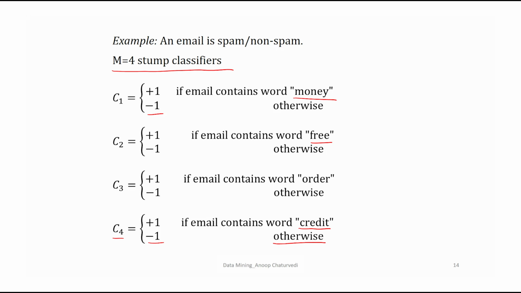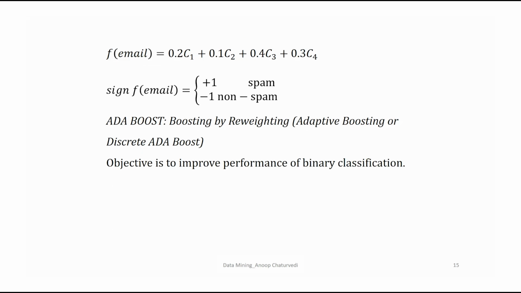Now, these are 4 weak classifiers, and basically our objective is to combine all these weak classifiers so that you get a better, improved classifier. Then we define F(email) equal to 0.2 C1 plus 0.1 C2 plus 0.4 C3 plus 0.3 C4.